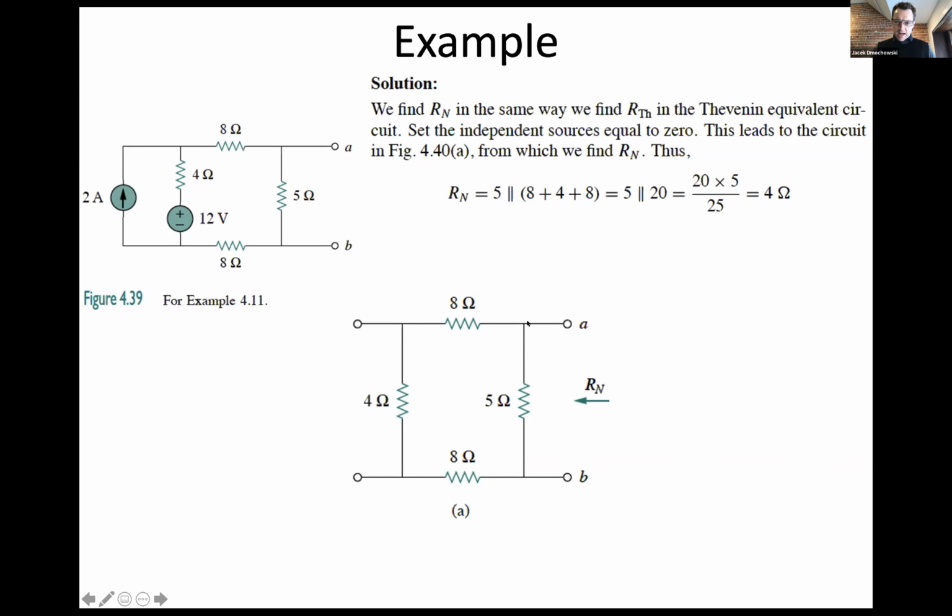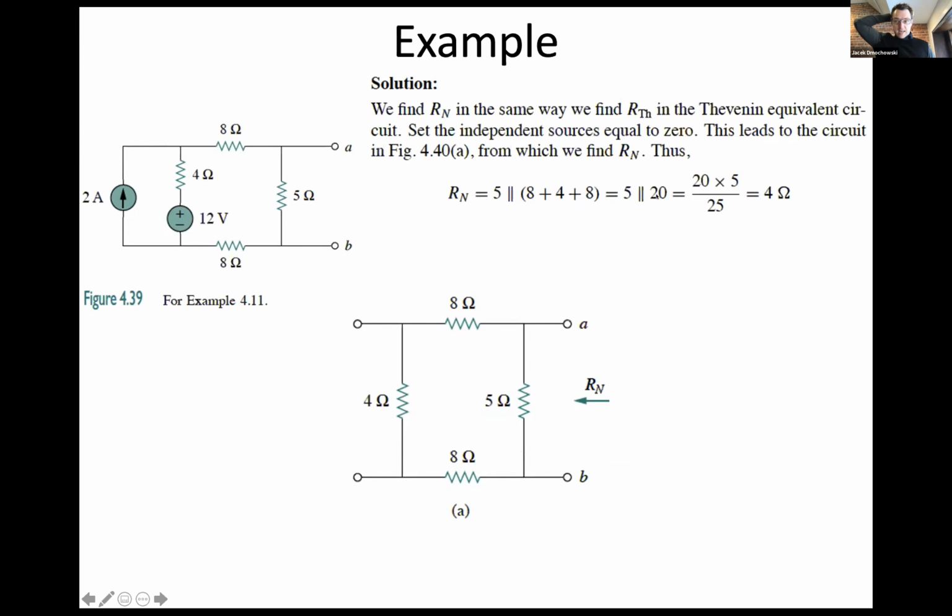And the second path is to take the long way, going through the 8, then the 4, and then the 8. So we have a 20 ohm path here and a 5 ohm path here. And those two are in parallel because this is the top node and this is the bottom node. Right, so we have a 5 in parallel with a 20.